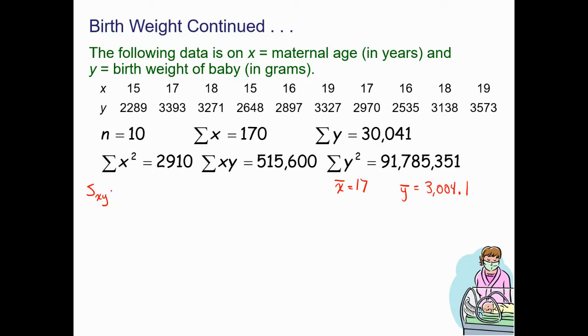Okay, so S of XY, our formula was to do the sum of XY minus the sum of X times the sum of Y divided by N.